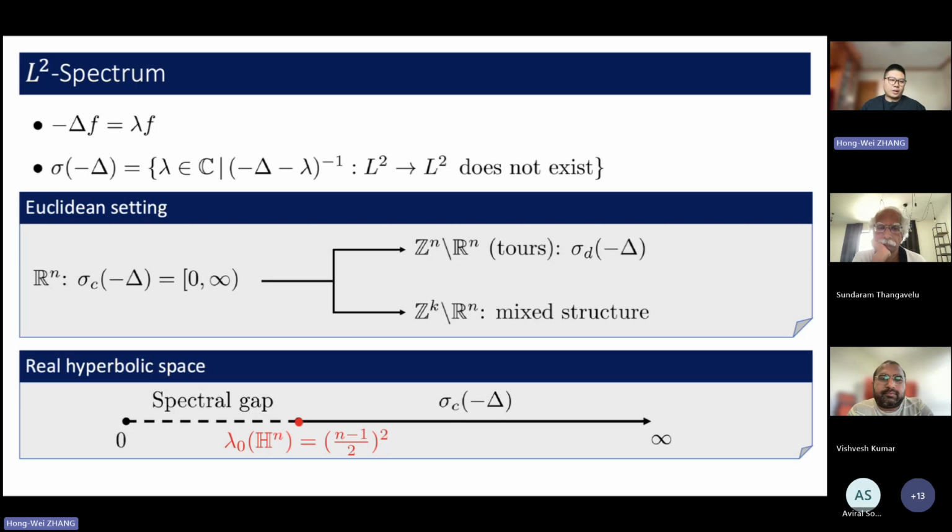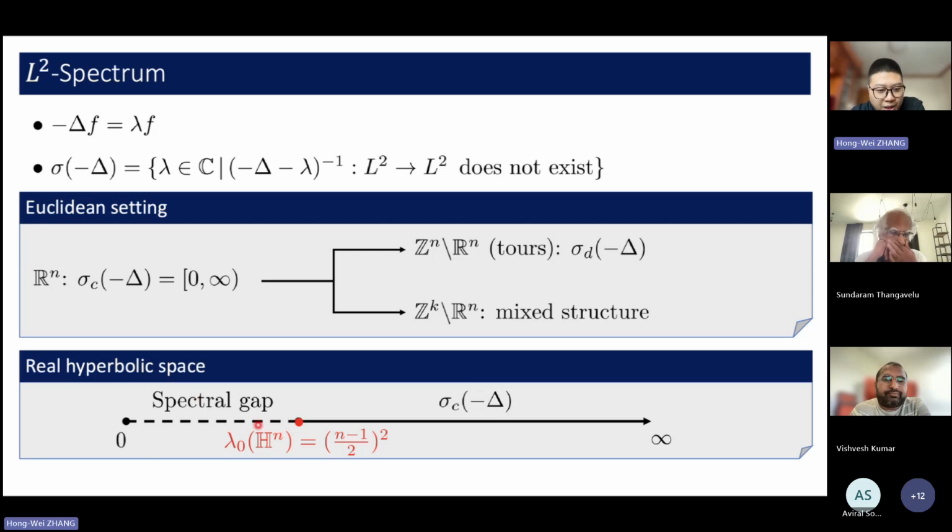So we know that on a real hyperbolic space, the Laplacian also has a continuous spectrum, but the bottom is no more 0, right? The 0 corresponds to the trivial eigenvalue and trivial eigenfunction, and the bottom of the L2 spectrum starts from lambda 0, which is (n-1)^2 over 4, that is, (n-1 over 2) squared.